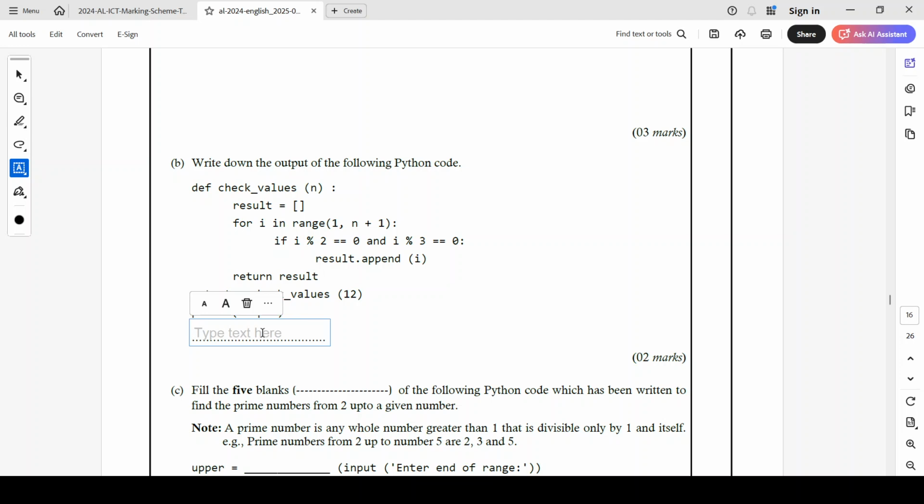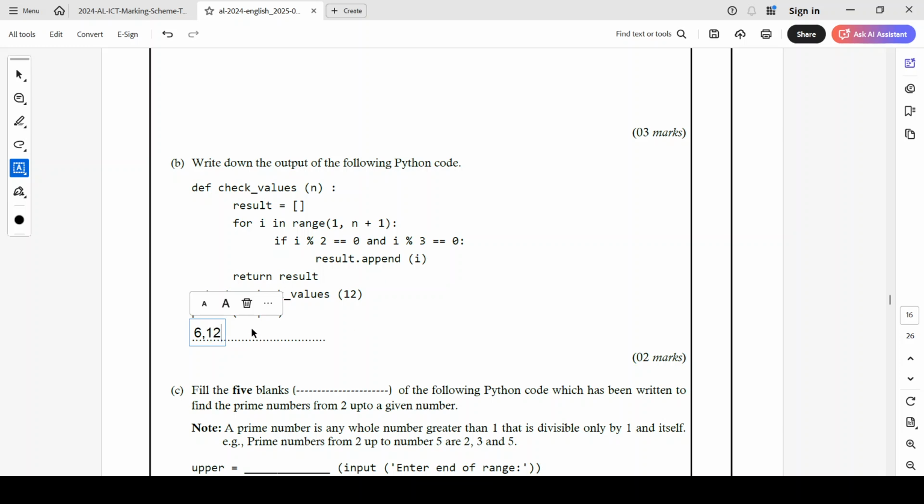And 6 will come, because 6 is divisible by 2 and 3. 9, yes, by 3 it can divide, but by 2 no. 10, by 2 it can, but by 3 no. 11, no. And finally 12, yes.